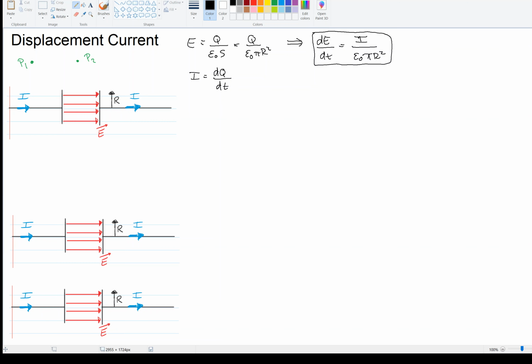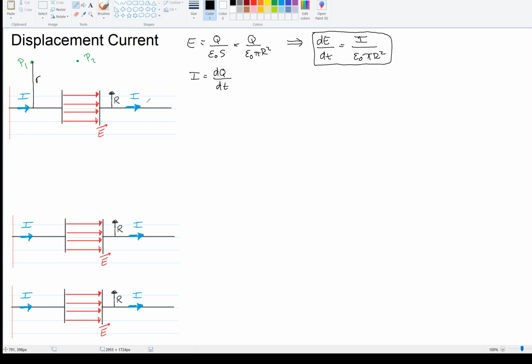Now going to P1, if P1 is far away from the capacitor, Ampere's law should give the correct magnetic field. So we're just going to consider what this magnetic field is at that point. We're going to say it's a distance r away from the wire, so P2 is also a distance r away. At P2, though, there is an interruption of current, in this gap in the capacitor, and so you may expect the magnetic field at point P2 to be a little less than P1.